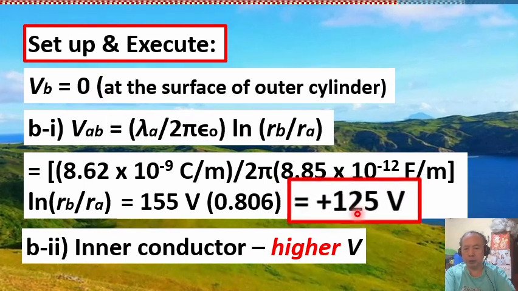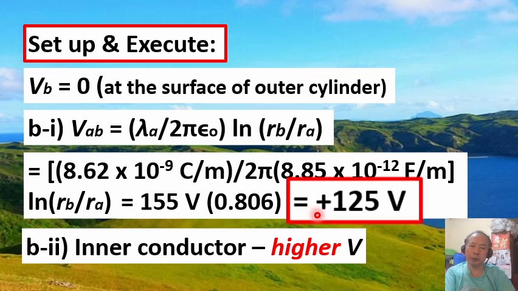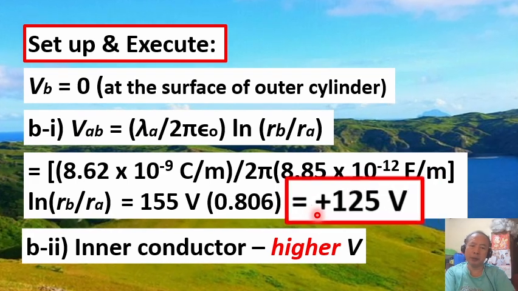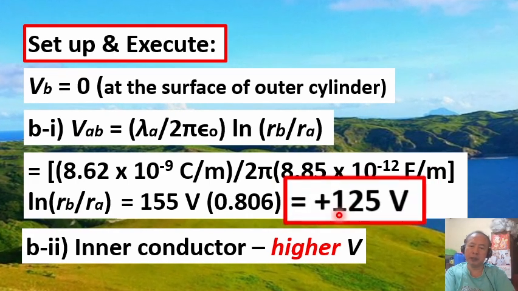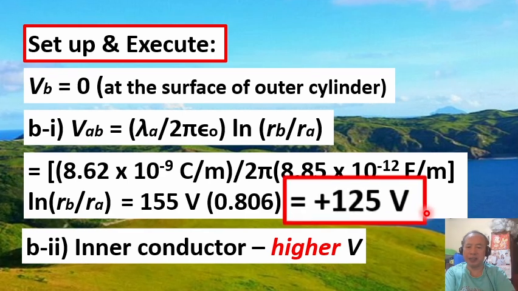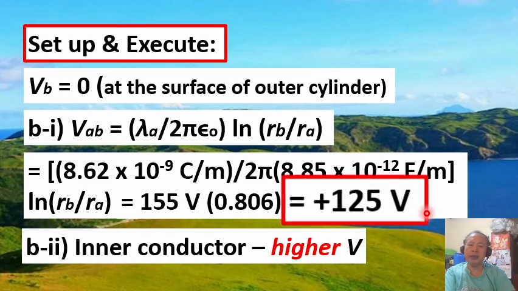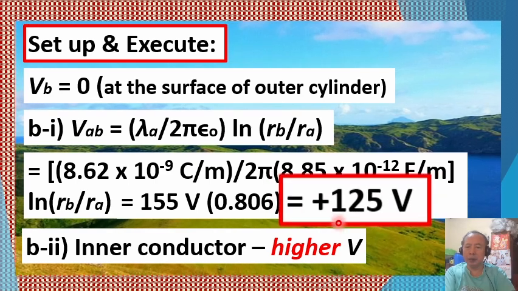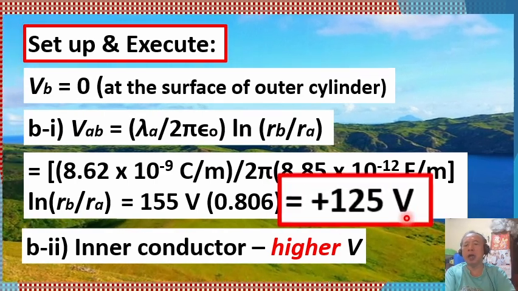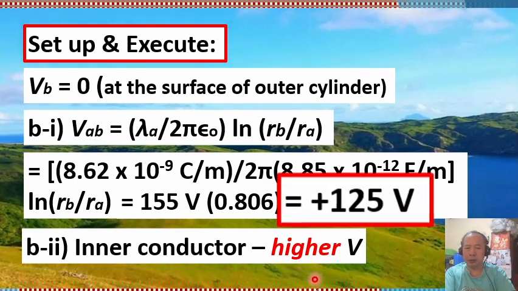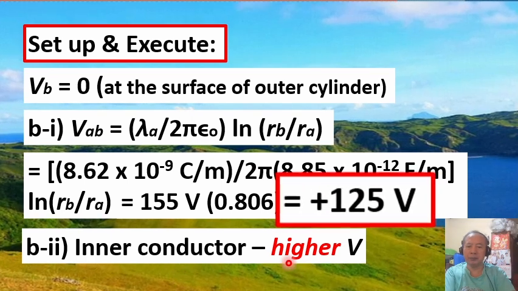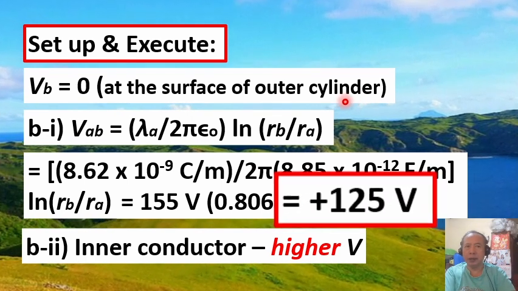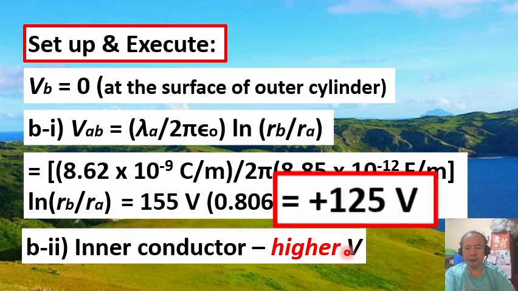So the computed value for the potential difference, capital V sub AB, equal to positive 125 volts, simply means that the electric potential of the inner conductor is 125 volts higher compared to the electric potential of the outer conductor or cylinder.